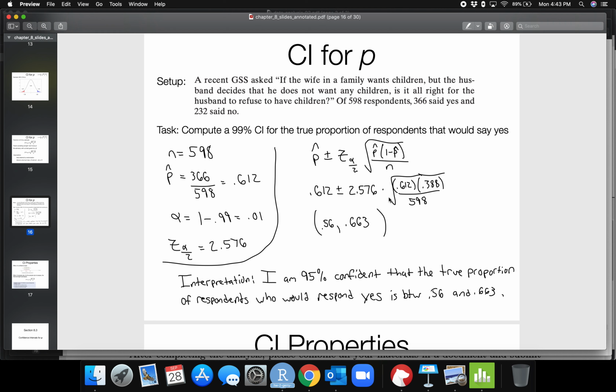The important part here is the interpretation of this interval. Out of everything that you do, I do care if you can look through the setup, come up with the numbers that we need, and substitute those numbers into the formula. But what I'm really interested in is if you can interpret what this confidence interval means.